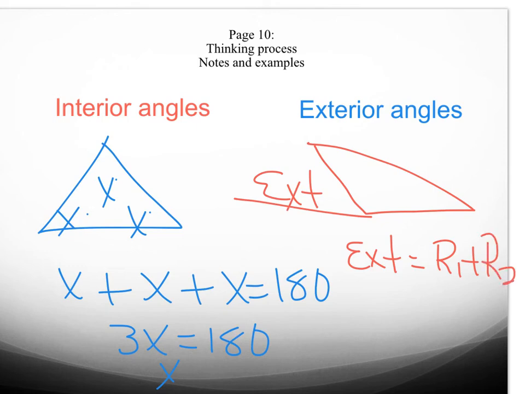If we get an exterior angle that is 120 degrees, then our remote angles should add up to that. One angle could be 100 and the other could be 20. Give me a second. The exterior angle over here could be 120, and these could be 100 plus 20.